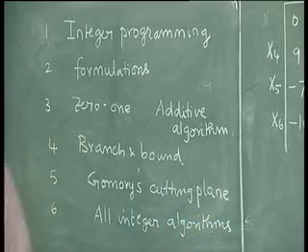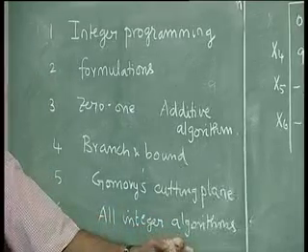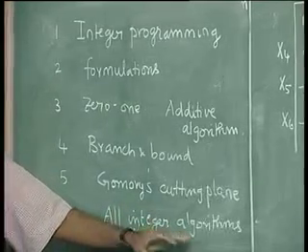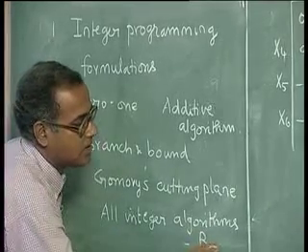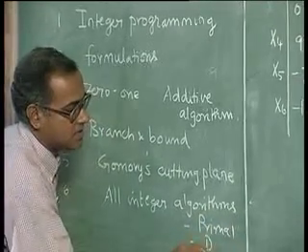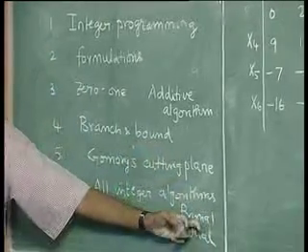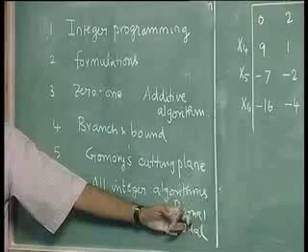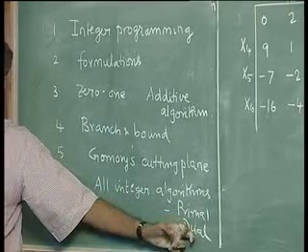The all integer primal algorithm is meant to solve a maximization problem with less than or equal to constraints, and the all integer dual algorithm is meant to solve a minimization problem with all greater than or equal to constraints. It was relatively easy to do the primal algorithm and generate a primal cut. The dual algorithm and the dual cut involved a few more computations.